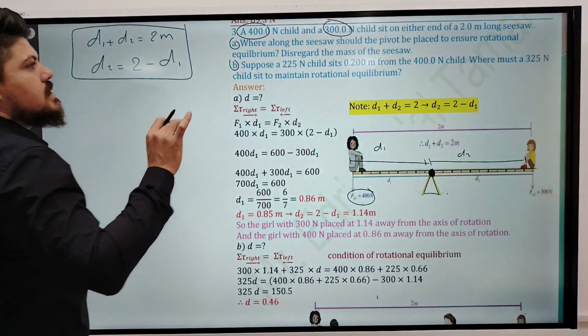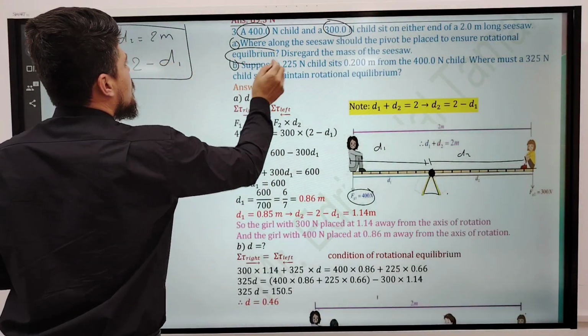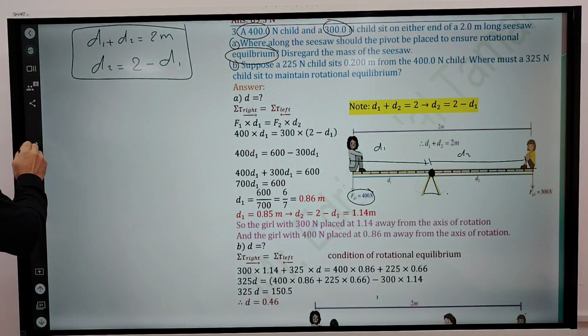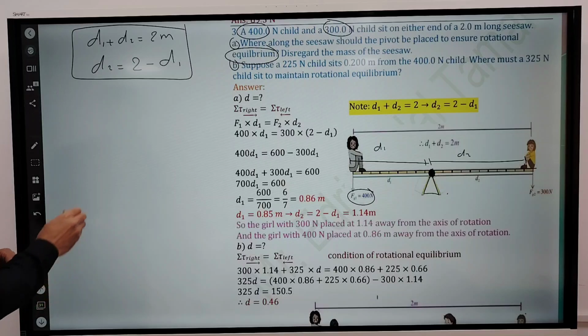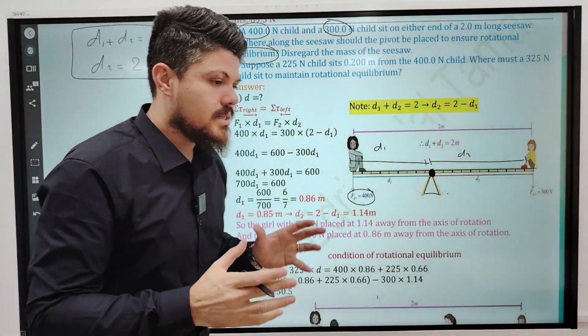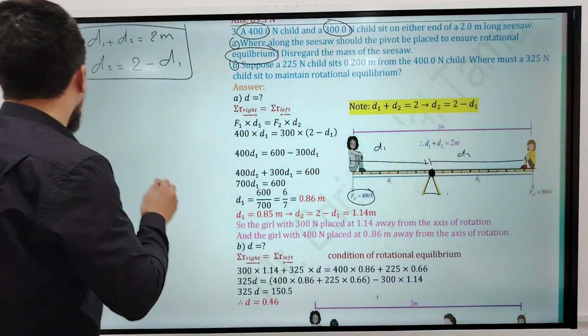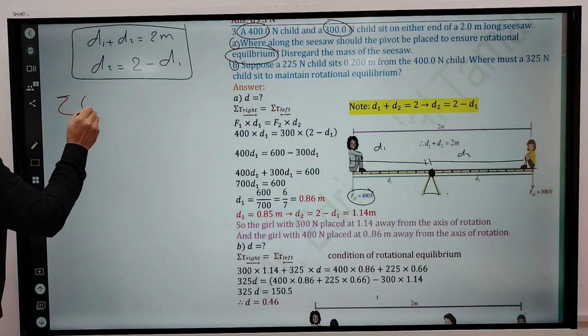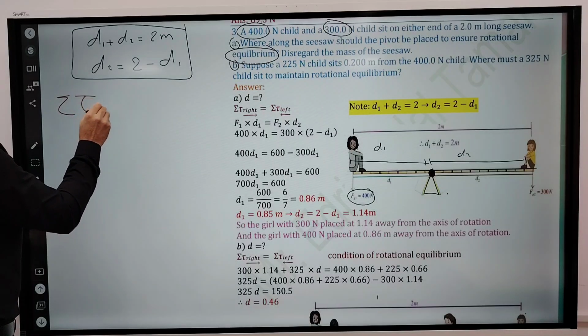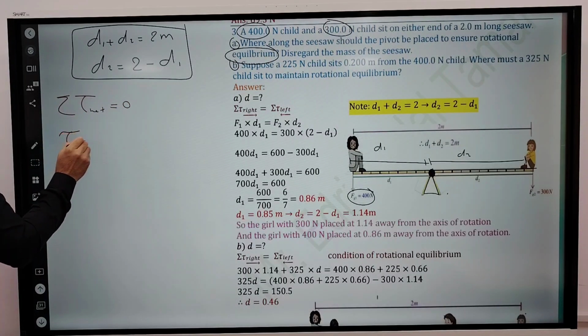Because the question says the seesaw is at equilibrium, we have to apply the conditions of rotational equilibrium to find the distance. As I mentioned before, to find distance, you always have to apply rotational equilibrium. Rotational equilibrium says the net torque is equal to 0.